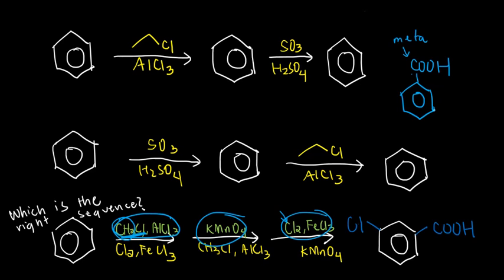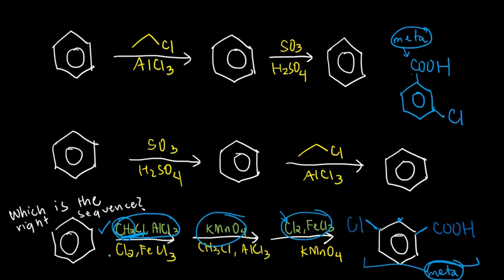And therefore, we're gonna put our chlorine here. Anyway, what is this in the first place in terms of orientation? Is it ortho, meta, or para? This is placed one carbon apart, right? So this is meta. And the fact that this is meta and your product here is meta, that means that this green sequence is actually the correct sequence.